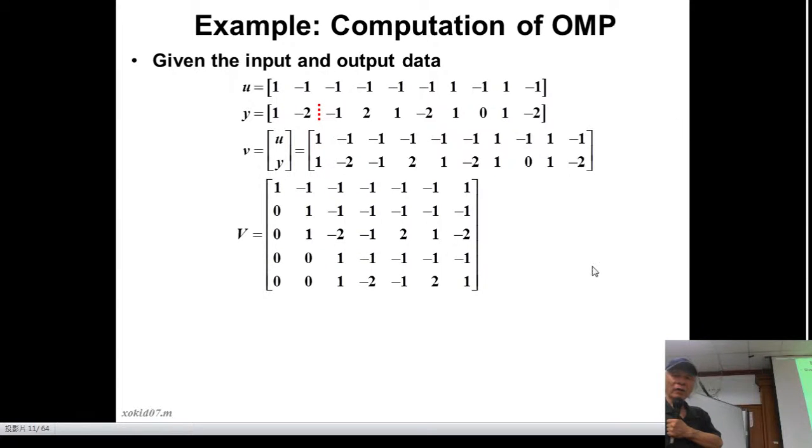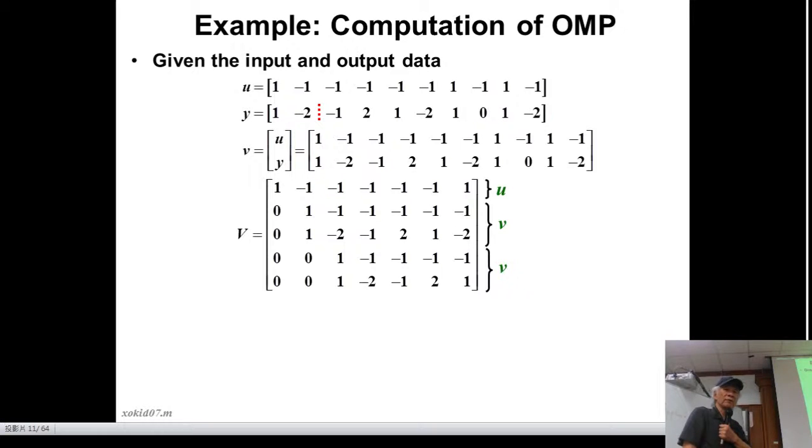You can add more if you like. You can add all of them, or you can just put some of them there, but that's up to you. But most likely, we put all the data in there. So that's my v, and that's my another v.